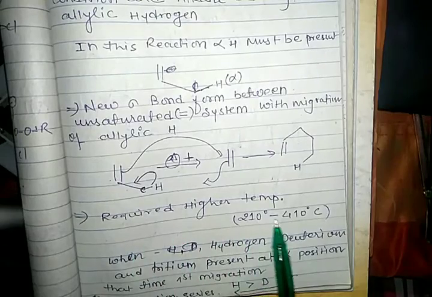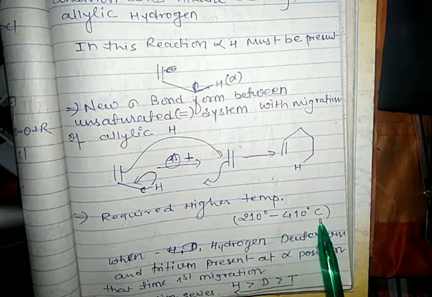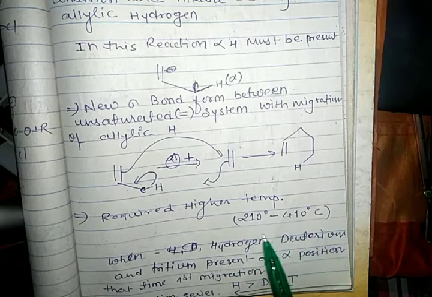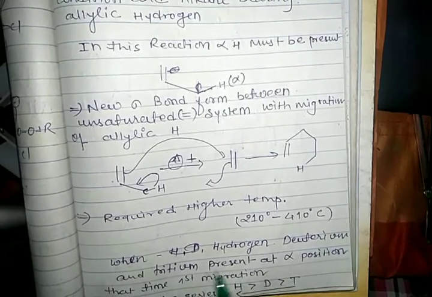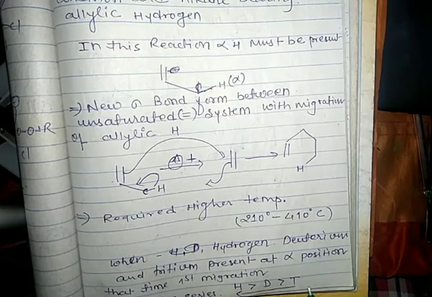It requires higher temperature, 210 to 410 degrees Celsius. When hydrogen, deuterium and tritium are present at alpha position, first migration is done by hydrogen, next deuterium, then tritium.